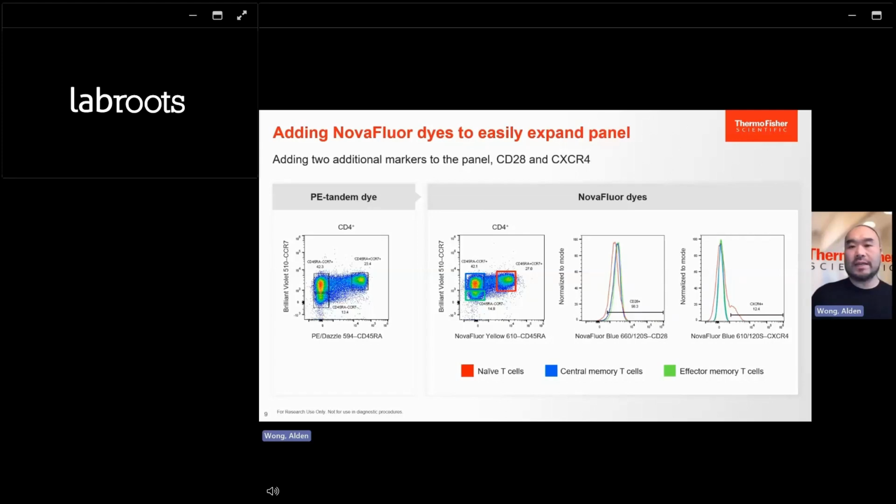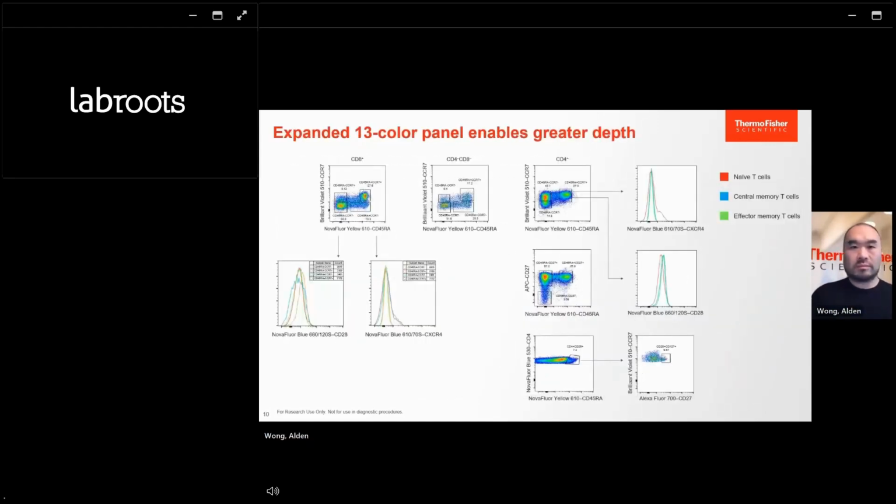So we can look at naive, central memory, and effector memory T cells from the CD4 and CD8 subsets. Now we have this expanded 13-color panel, which enables greater depth of analysis of the T-cell subsets.